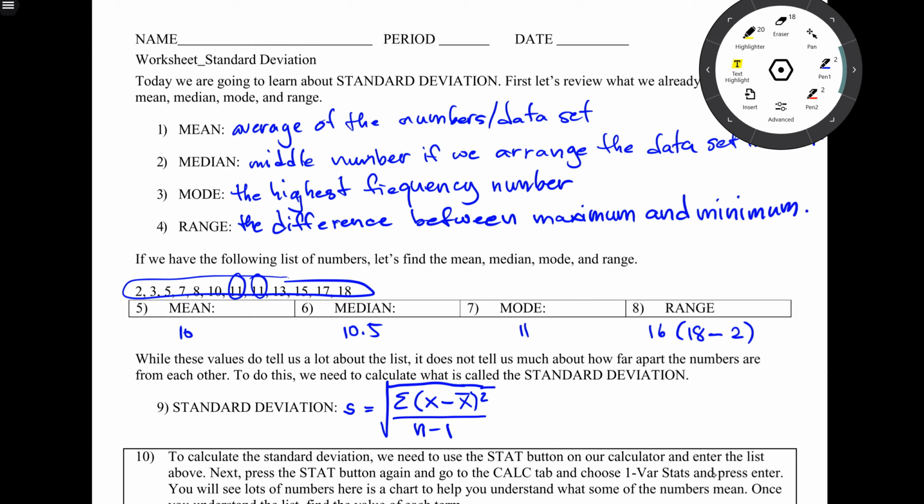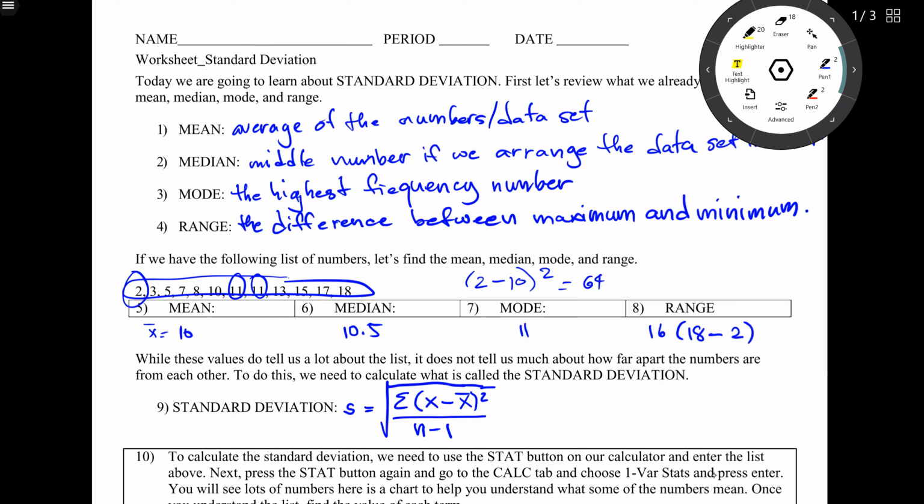This expression, x minus x bar, is the distance. For example, the first point is 2, so we do 2 minus our mean, 2 minus 10, which is negative 8, and then we square it, and that would be 64.